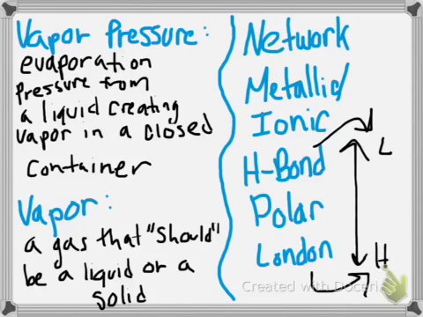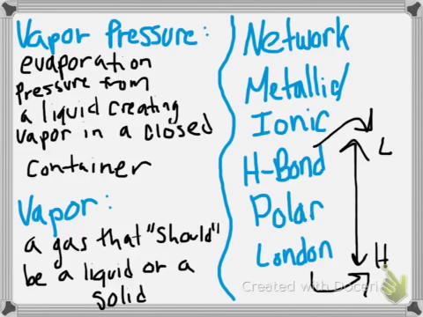So it sounds kind of scientific, but think about, let's say, a water bottle that you left out in the heat. It gets little water droplets inside, because it's trying to evaporate, but it's in a closed container. So that's what vapor pressure is. And vapor, if you want a definition for it, is a gas that should be a liquid or a solid.